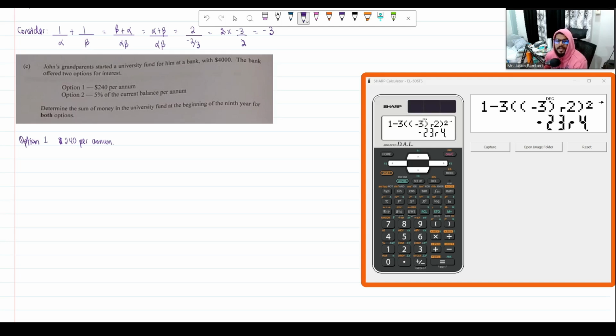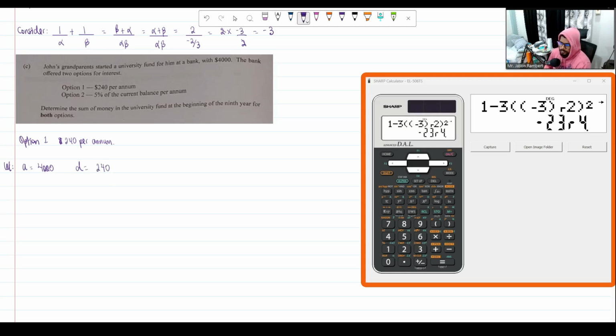Now these things will line up in the form of an arithmetic progression because every year, grandma and grandpa are putting $240 in John's bank account. So I can say let a be equal to 4,000 and d will be equal to 240. I put in dollars at the end.